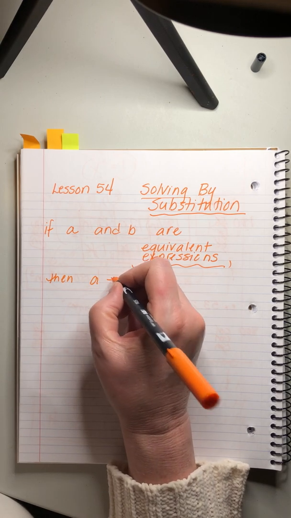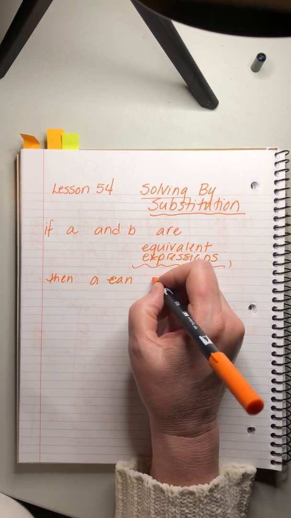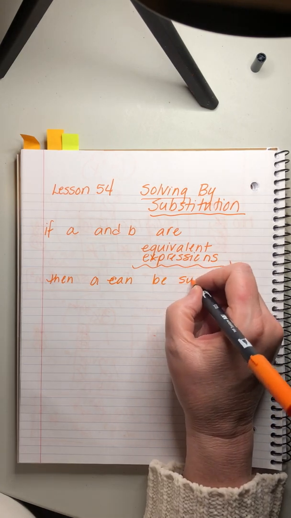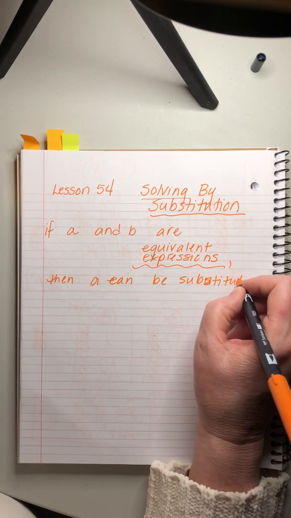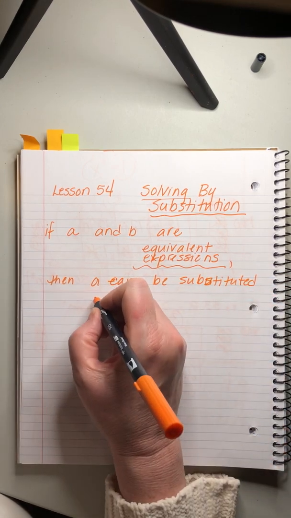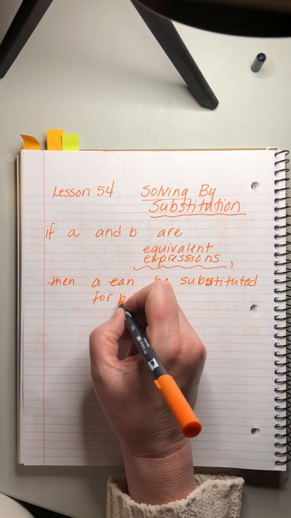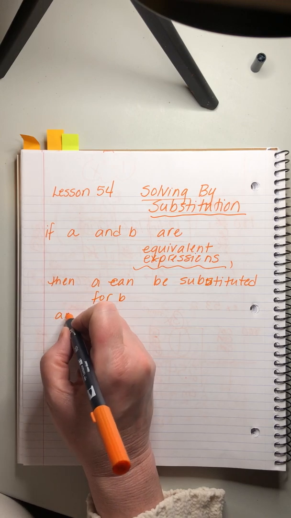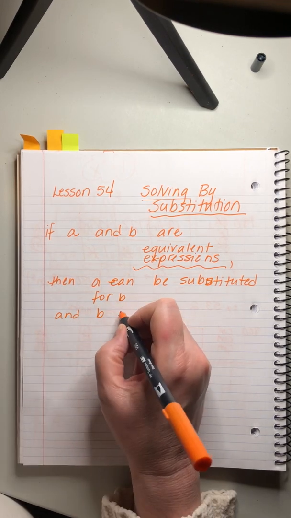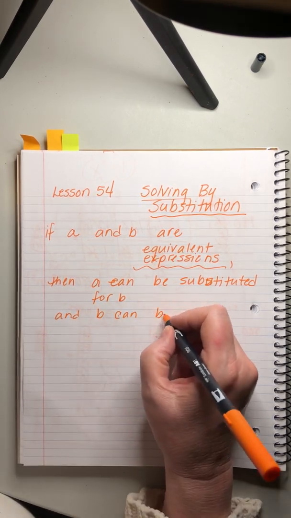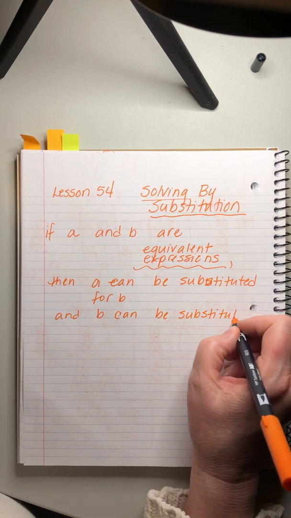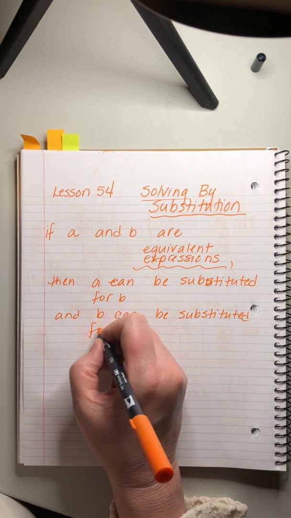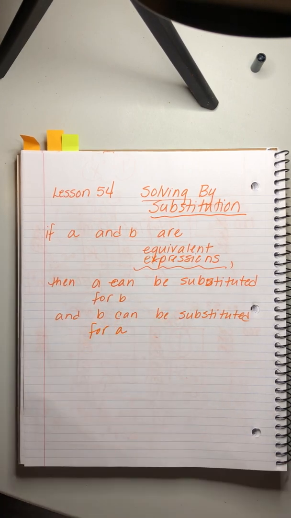A can be substituted, and I'll show you what this means later, for B, and B can be substituted for A. If they're equal, we can plug them into each other, right?